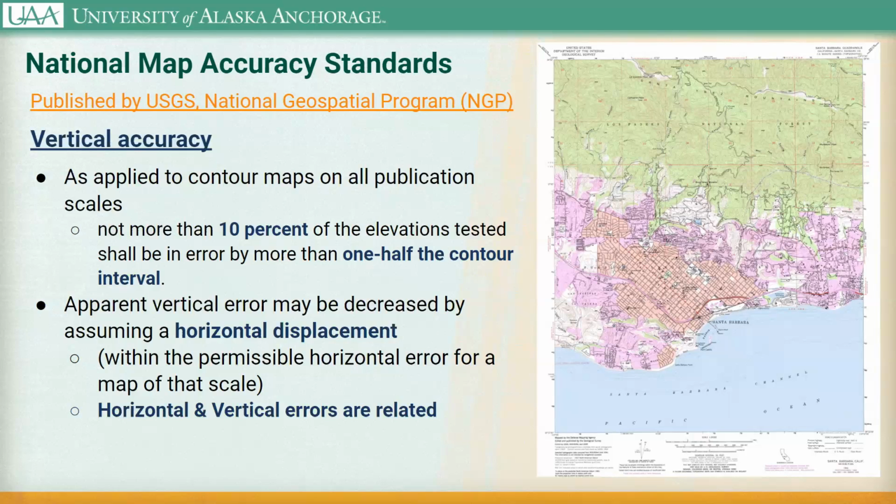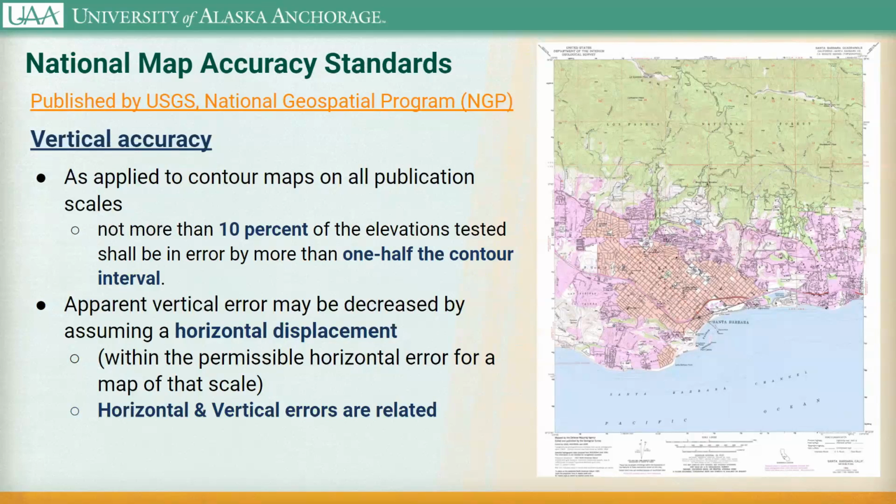So you may have exactly the right vertical elevation, but you've plotted it 10 feet in the wrong direction, and therefore it's completely inaccurate. So there's a relationship again between vertical accuracy and horizontal accuracy that we have to understand.